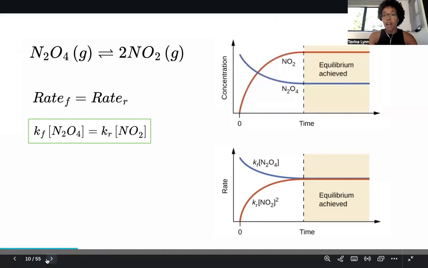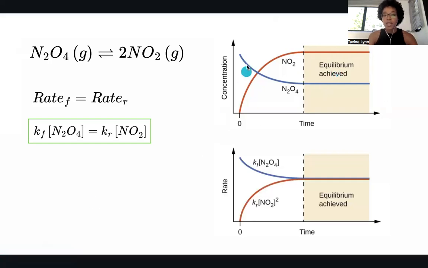Now, if we look at the concentration of our reactants and products, we can see that for N2O4, which is our reactant for our forward reaction, we start off with some concentration, and we have zero concentration of our products because we haven't actually pressed play and had the reaction go yet.